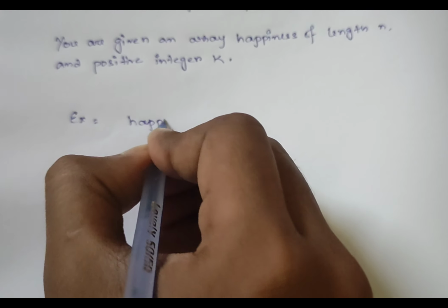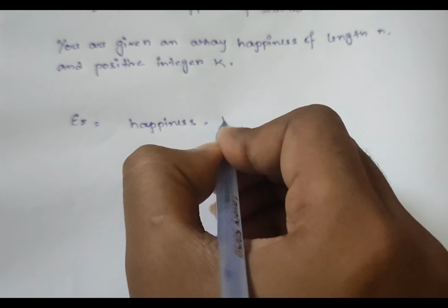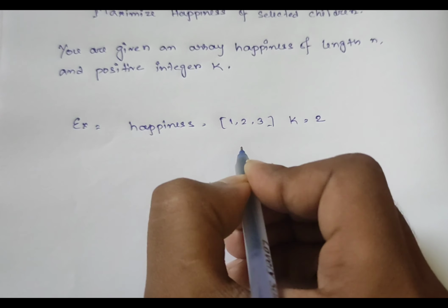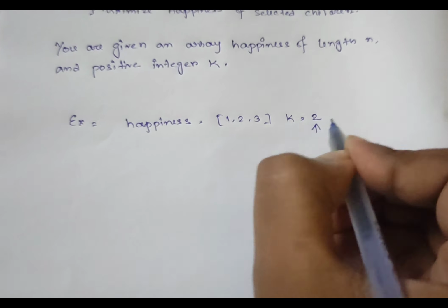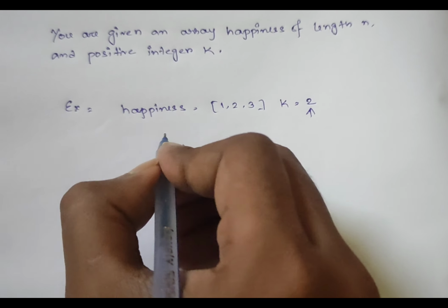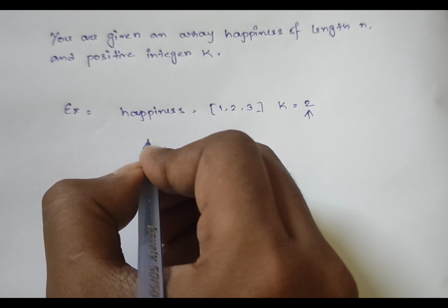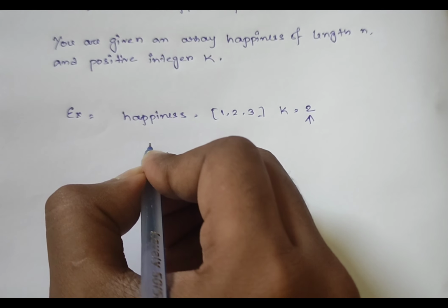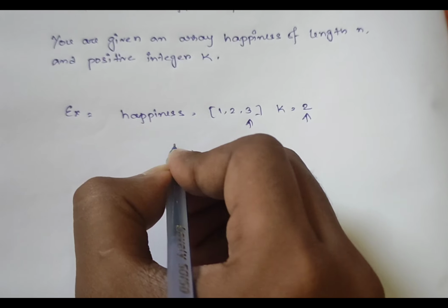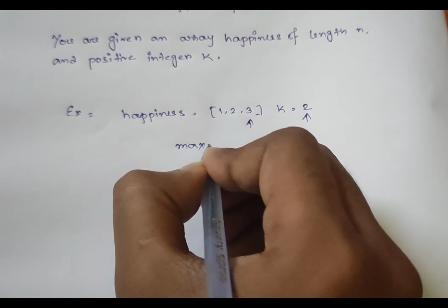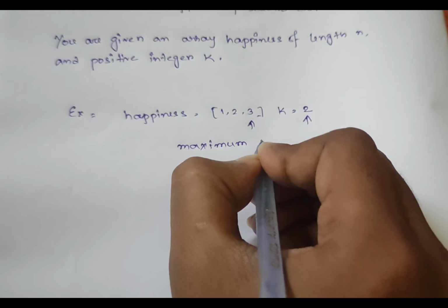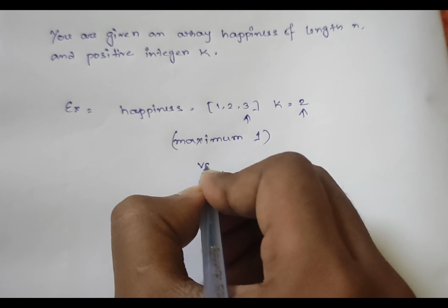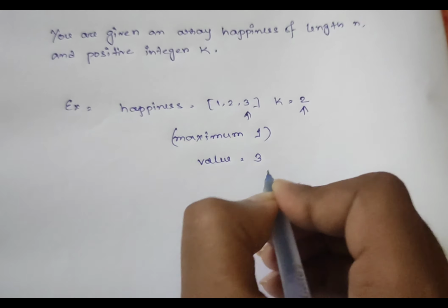So in the first example, the happiness values in the array are 1, 2 and 3, and k equals 2. So we can pick two children, because k equals 2. We pick the child with the happiness value of 3 because we have to pick the maximum one. So the first time we pick the value 3.